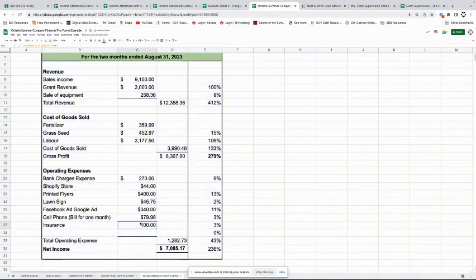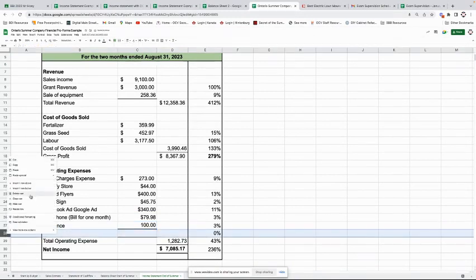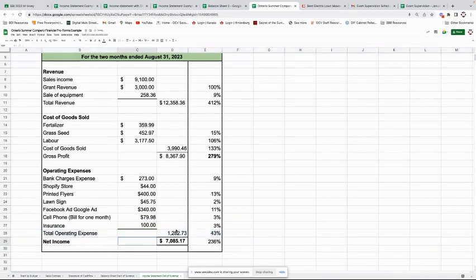And I'm just going to move the underline here. So that is our total operating expenses, all the money that we're spending, and we end up with a net income of $7,000.